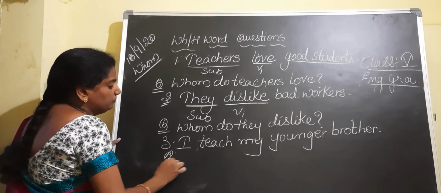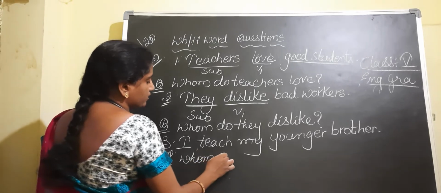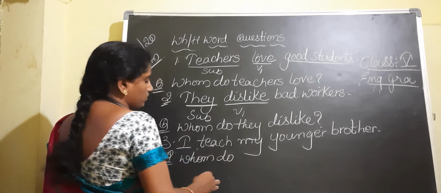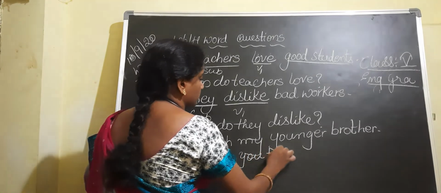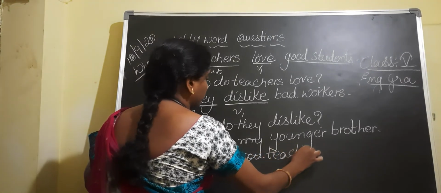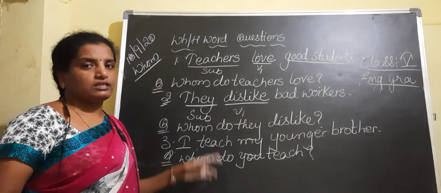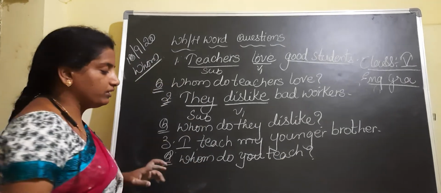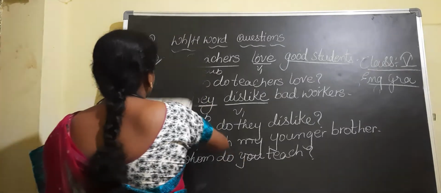Whom, and our subject I, so it is known as the first person singular. Do. Whom do you teach? Whom do you teach? Okay, children, this is how to use whom. And two more examples we will discuss, then we will discuss how.